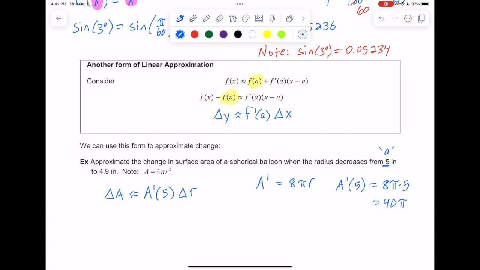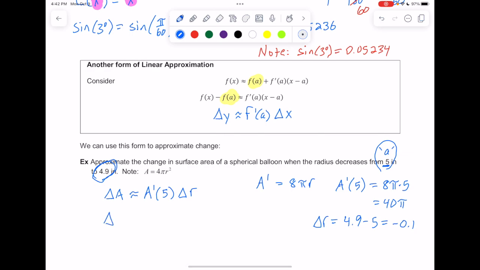And then how about the delta r? So delta r would be x minus a. So if 5 is the a, then the x that we're moving to that's nearby is the 4.9. So we would do x minus a would be 4.9 minus 5, which is negative 0.1.